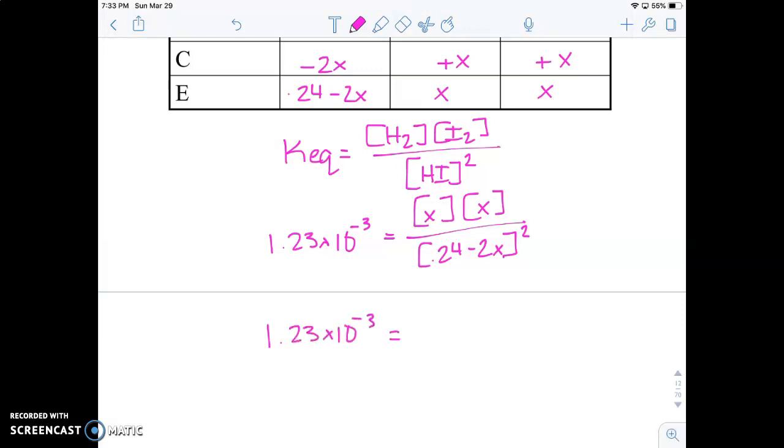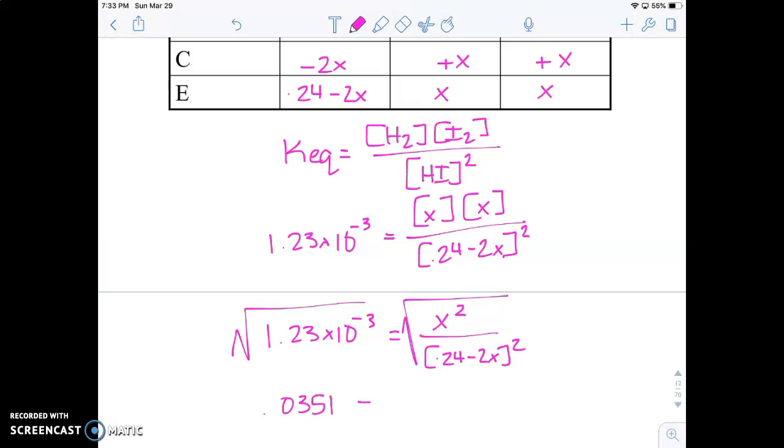When you have X times X, that's the same as X squared, yes? So I have two things that are squared on this right side of the equal sign. How do I get rid of something that's squared? I take the square root. Now I can get rid of that. So the square root of this number is 0.0351, and now I just have X over 0.24 minus 2X.